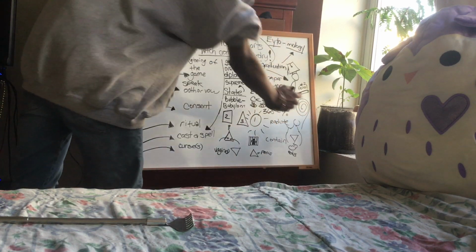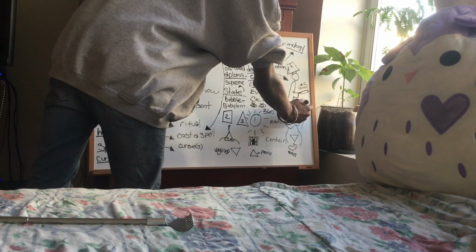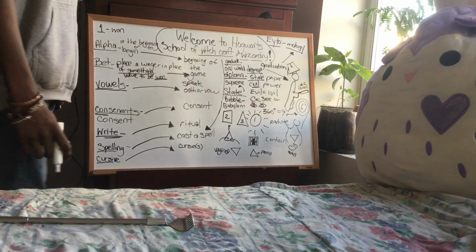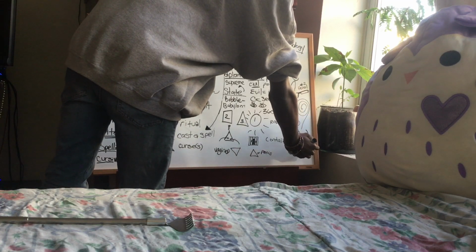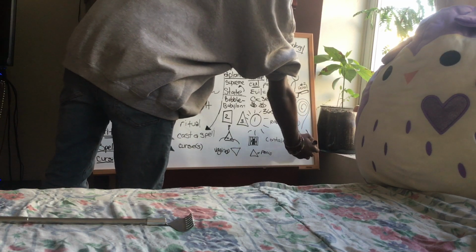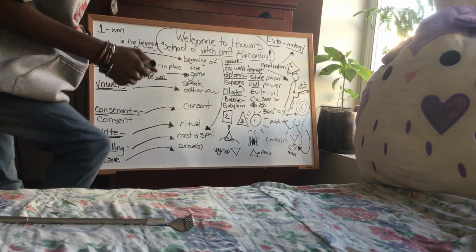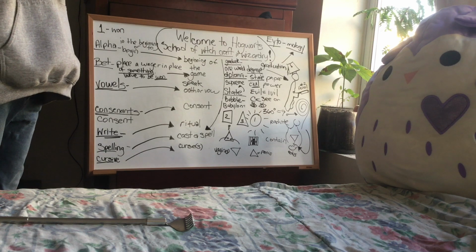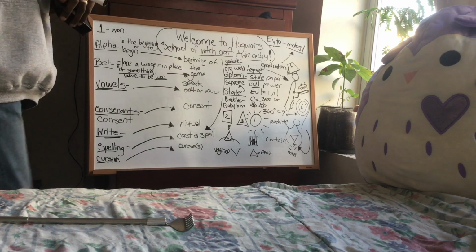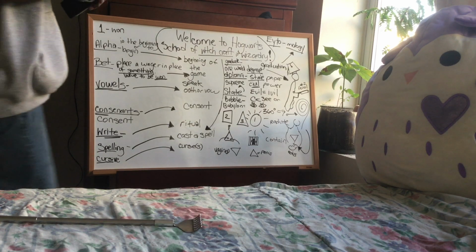Okay? This is 9. 9 is a spiral. 9 also represents birth. If you look at a fetus, it's always curled up in the shape of a 9. They say the first humans to ever walk this planet came from Africa, and if you look at Africa, it's in the shape of a 9.